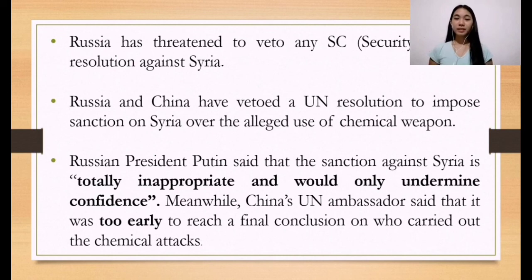Russian President Putin said that the sanction against Syria is totally inappropriate and would only undermine confidence, meaning Syria will only look less powerful and weak if they go on with the UN resolution. Meanwhile, China's UN ambassador said that it was too early to reach a final conclusion on who carried out the chemical attacks. So that's the reason why they vetoed the UN resolution.